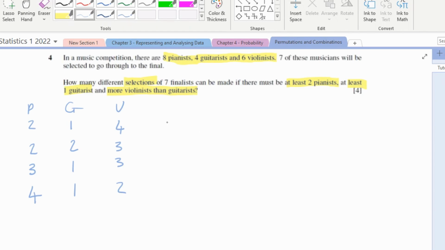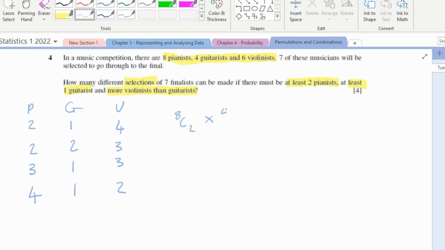And what we want to do is figure out how we do this. So the first one, there are 8 pianists, and we are choosing 2 of them. And the guitarists, and we're timesing here, aren't we? Not adding, a number of you added in the stats exam.